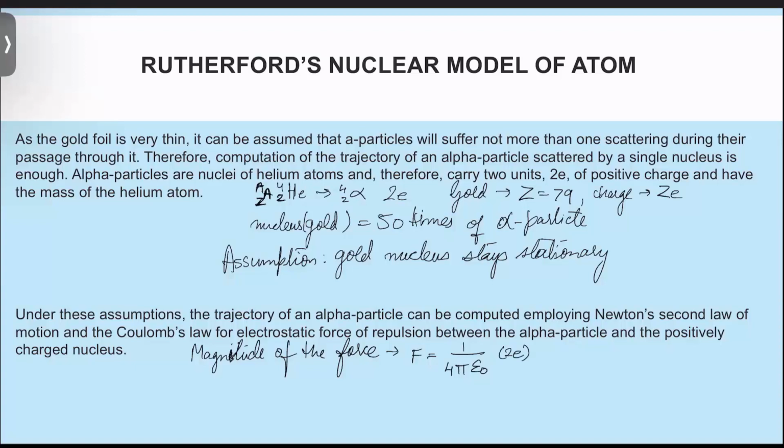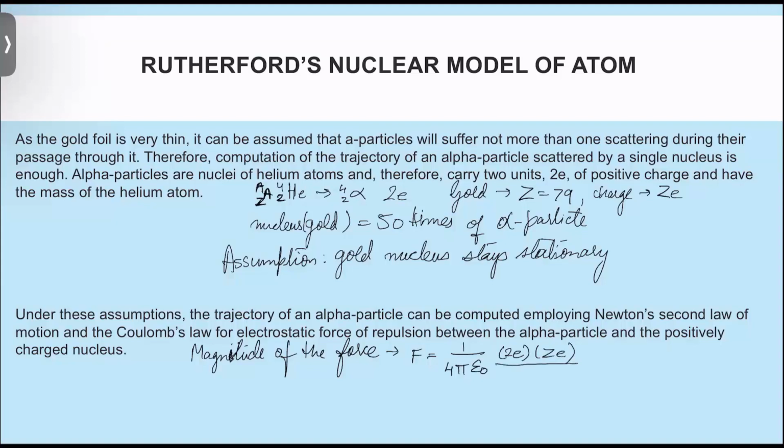If you remember the electrostatic force, it is 1 by 4 pi epsilon 0 q1 q2 upon r square, where r is the distance between them. The charge of the alpha particle is 2e and the charge of the gold nucleus is Ze, and r is the distance between the alpha particle and the nucleus.